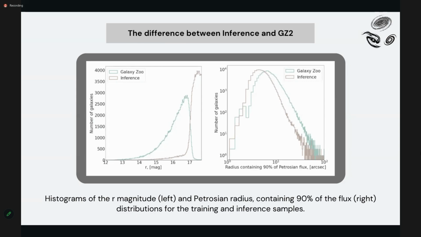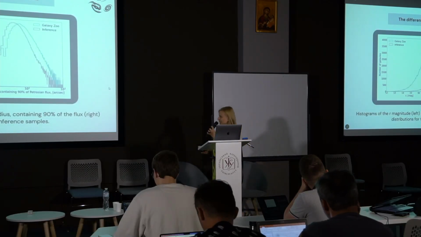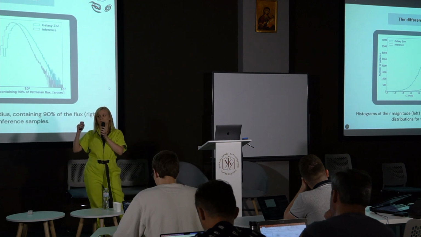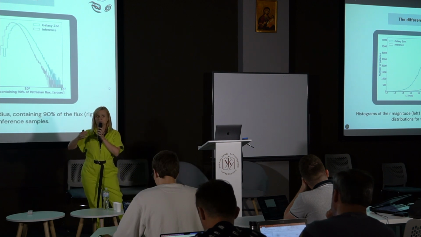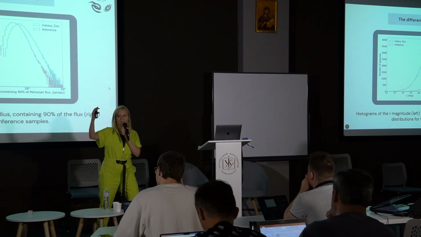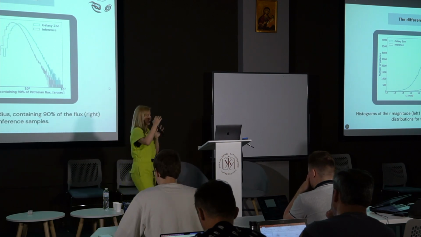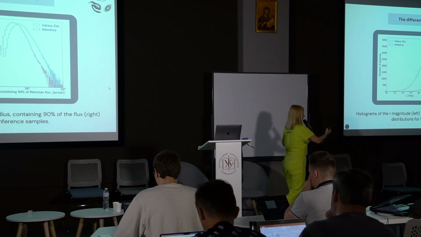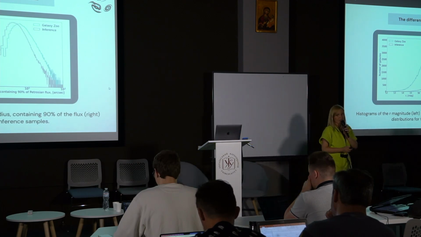We were thinking about why it's different, and it's different because for this project, Galaxy Zoo proposed bright, big galaxies for volunteers so that it is easy to visually identify which shape it is.